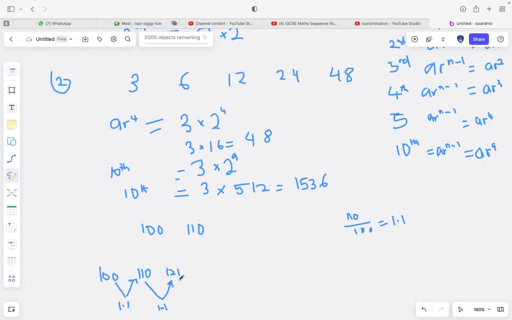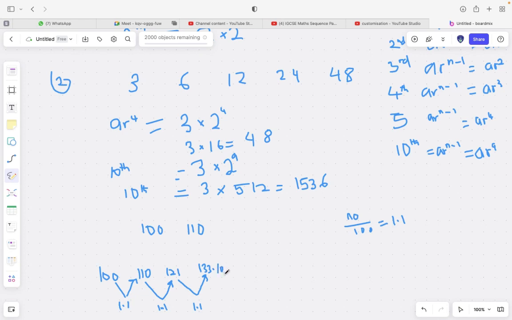Then multiplying the third year by the same common ratio gives you the money for the fourth year. So 121 times 1.1 gives us 133.10.